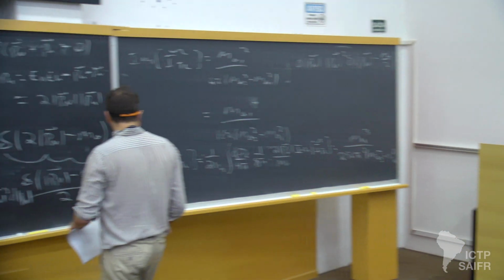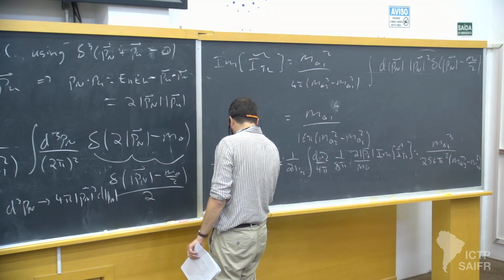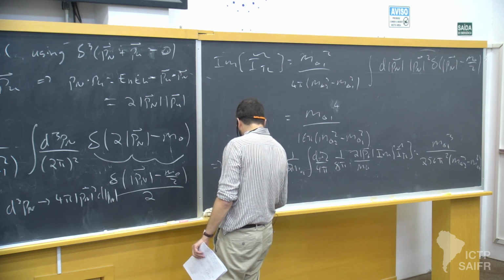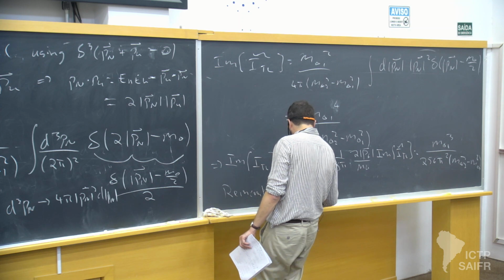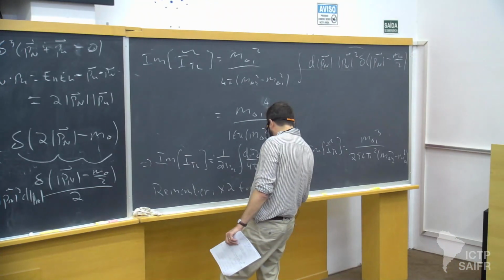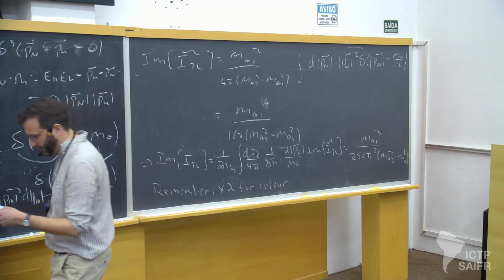So remember the color factor times 2 for color, for the possible final state colors.